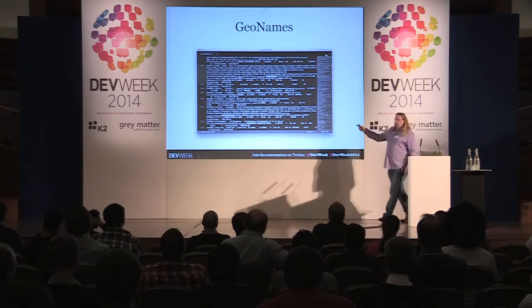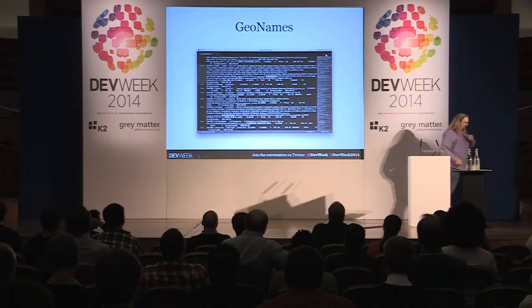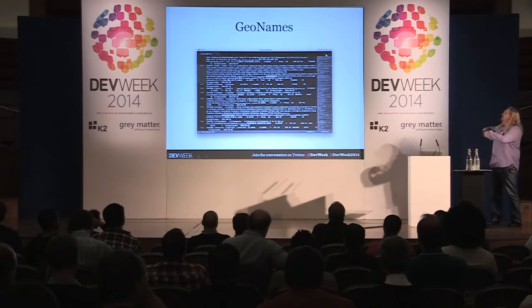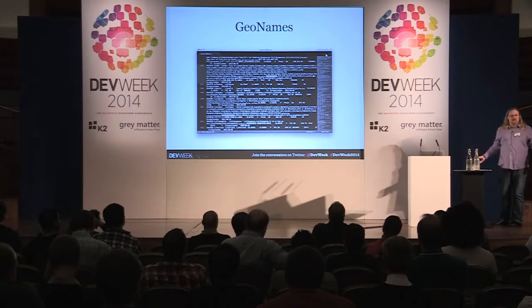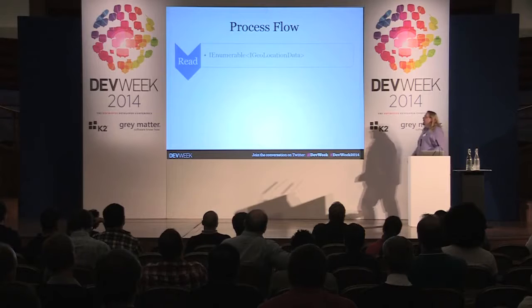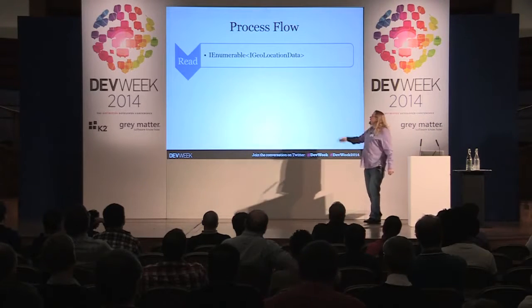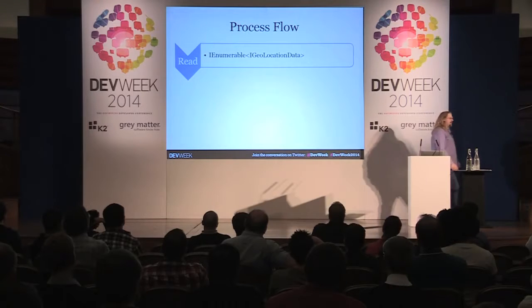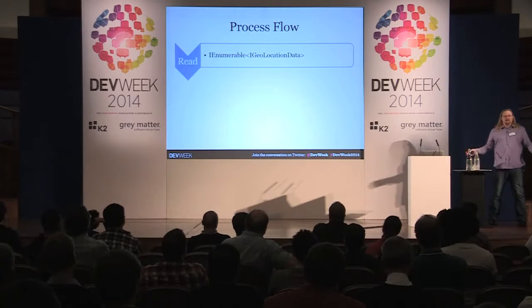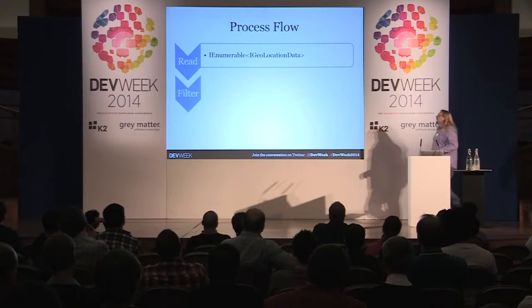The data source itself is simply a tab-separated text file. We're not going to deal with it as a text file. We're going to read the data, transform it into an object, and then filter against those objects. So the process flows: we read the data in and expose it as an enumerable of GeoLocationData, which is my representation of each line of data within the data file.